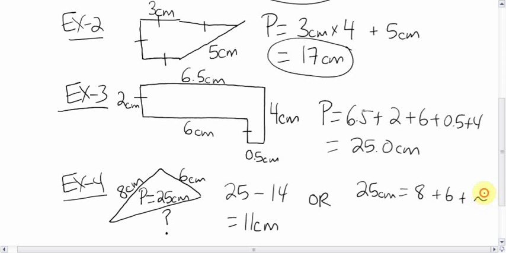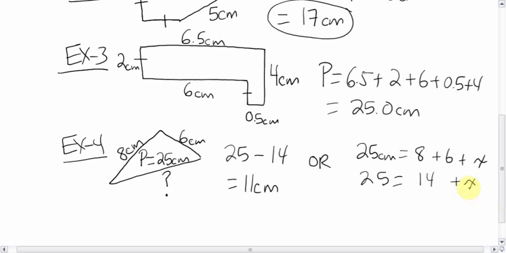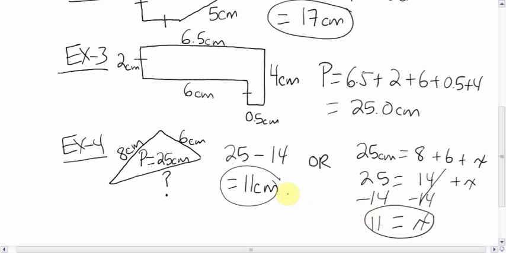Let's call it x. 25 equals, add up these two, 14 plus x. And then it's just solving for x. The 14 is bugging the x. Subtract 14. Do the same to the other side. 14's cancel out. You're left with x on this side. You're left with 11 here. Same thing. Two ways to do it. Okay.